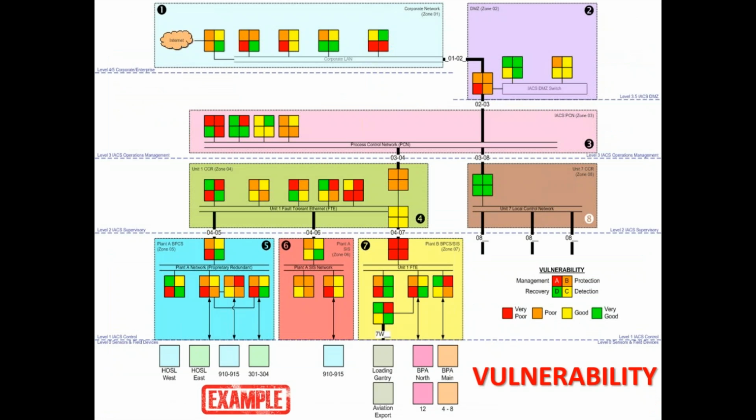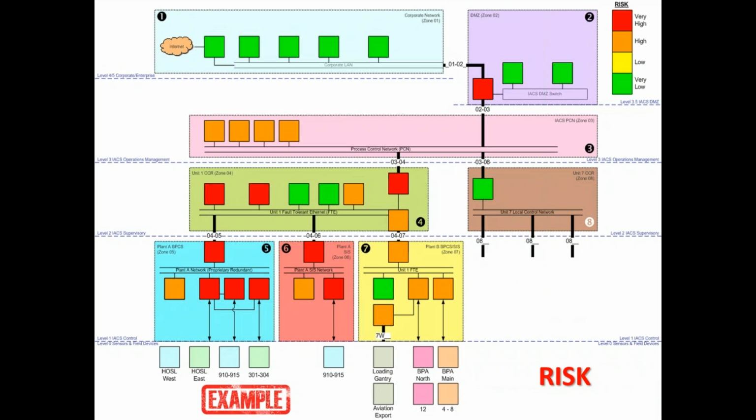So superimposing those cyber assessment framework vulnerabilities onto our logical assets, we can now see where we should be most concerned. Combining that with our physical asset consequences, so where we have a high consequence and high vulnerability, we have a high red risk, and low consequence, low vulnerability gives us a low or green risk.